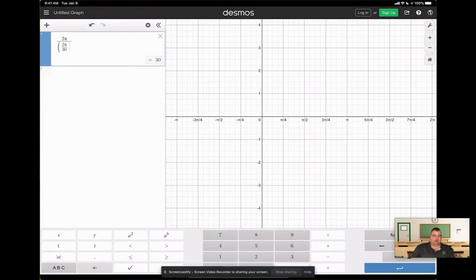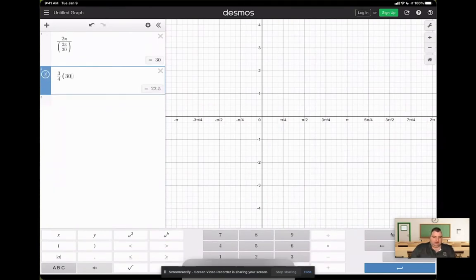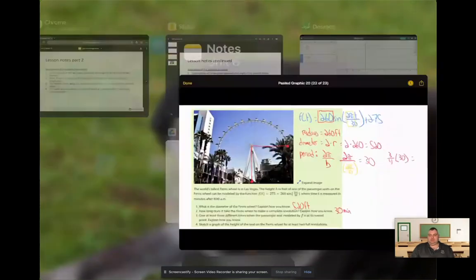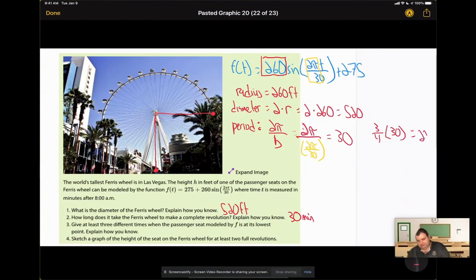Let's go to the calculator. So 3/4 of 30 is 22.5 minutes. That means it takes 22.5 minutes to go around 3/4 of the circle. So that's one of the times in which it is at its lowest point.